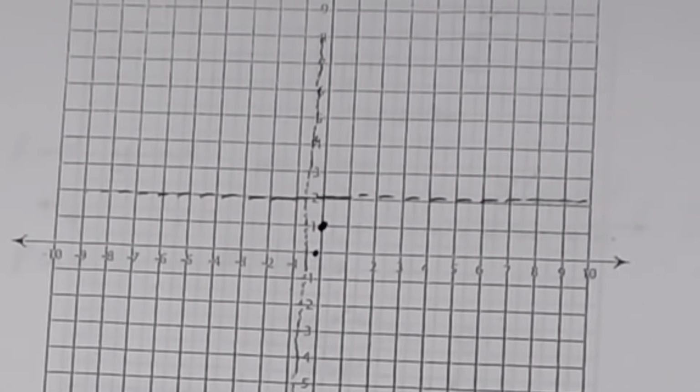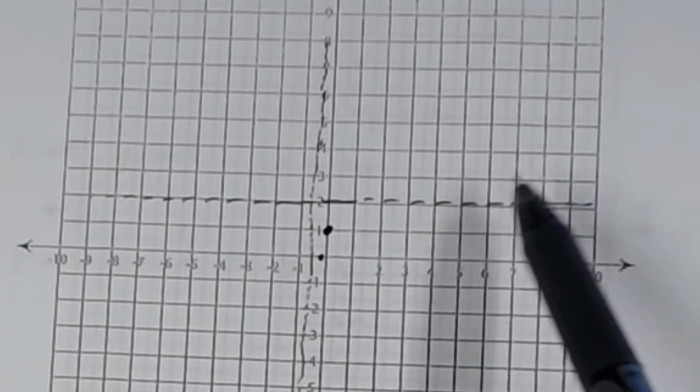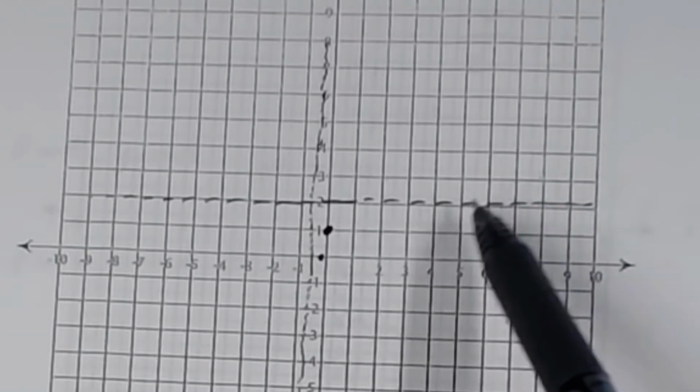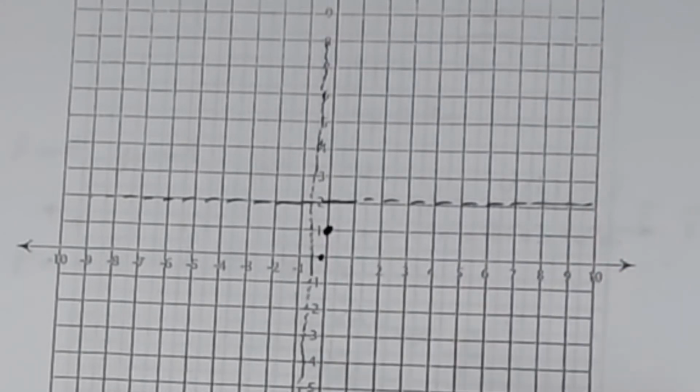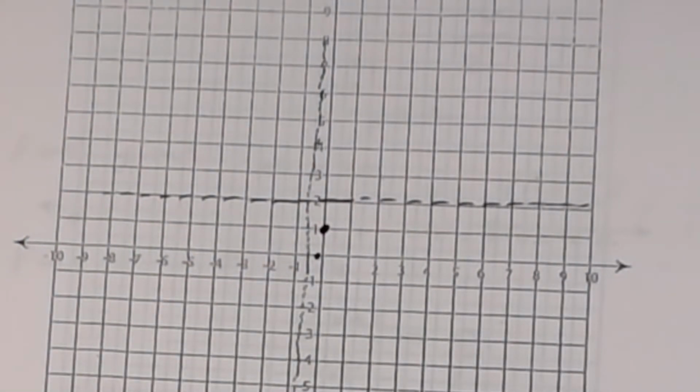There are times when the graph may cross the horizontal, but it will never cross the vertical, okay? For us right now, the graphs that we do today and next class period, for the most part, will not cross the horizontal.